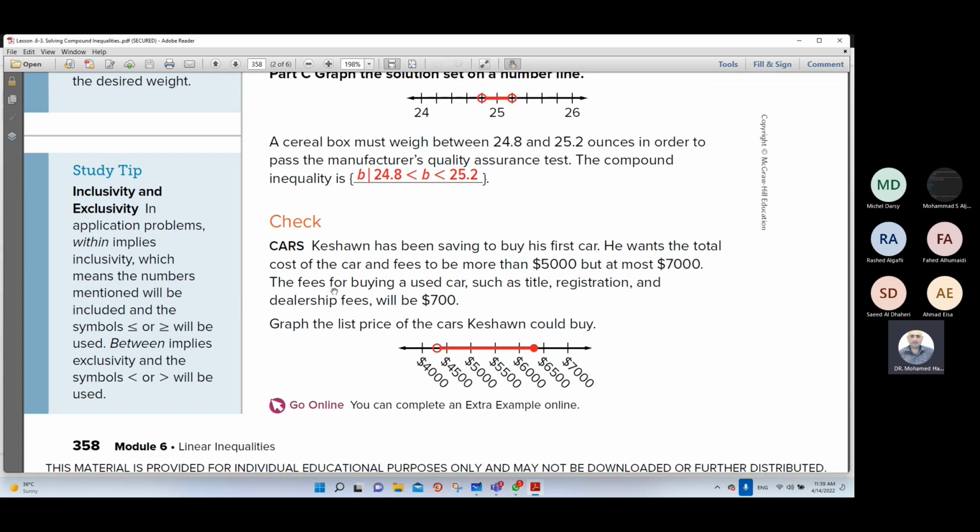The fees for buying a used car, such as title, registration, and dealership fees, will be 700. Graph the list price of the cars we could buy.